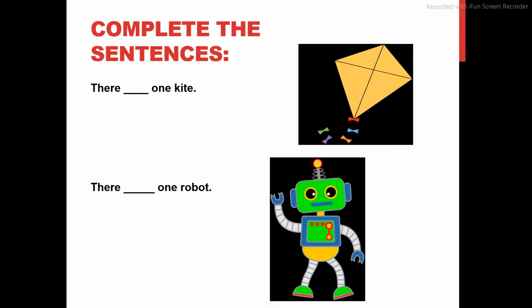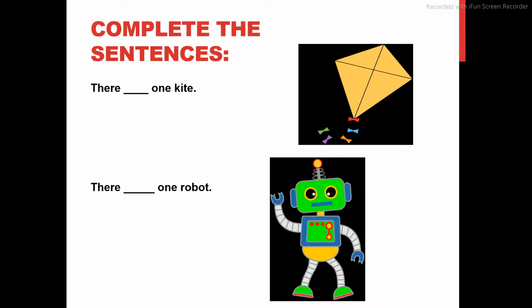Okay, so let's look at a few examples of there is and there are. In this activity, we need to complete the sentences. Let's look at the picture first. It's a picture of a yellow kite, and there's only one kite.